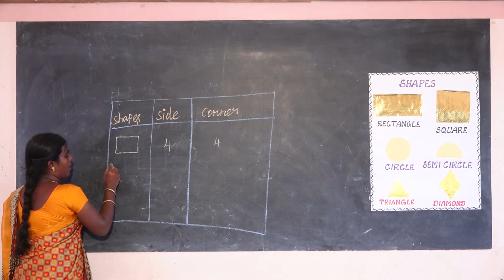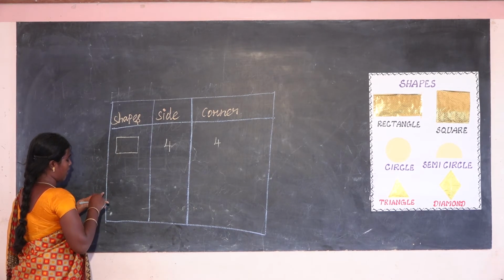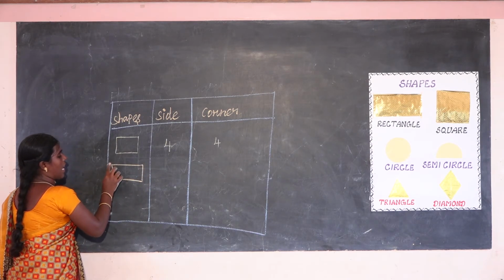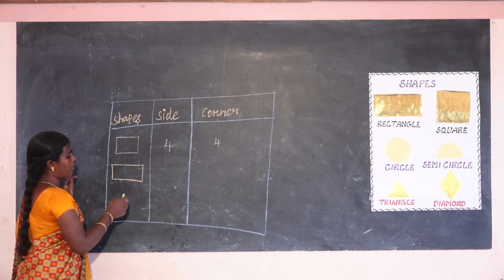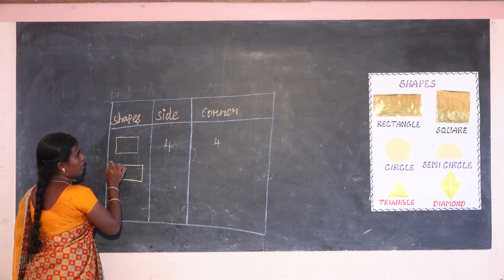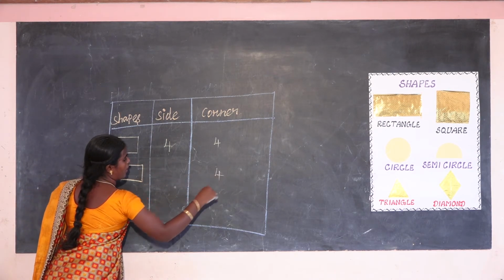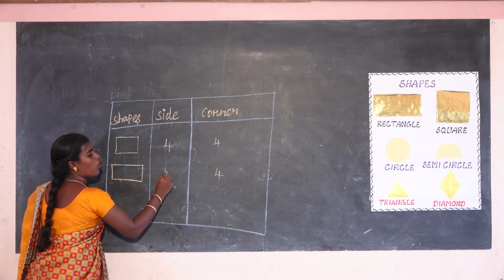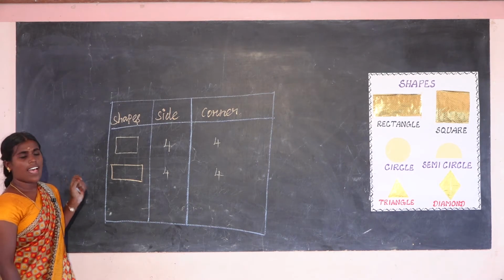Yes, okay. Next one is rectangle. It has how many corners? 1, 2, 3, 4. 4 corners. How many sides? 1, 2, 3, 4. 4 sides.